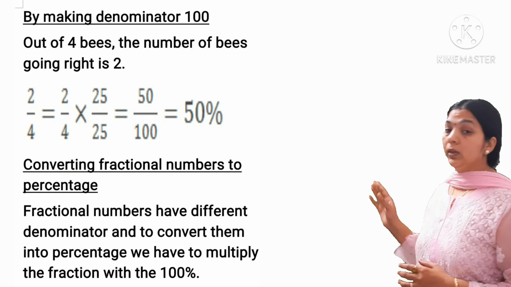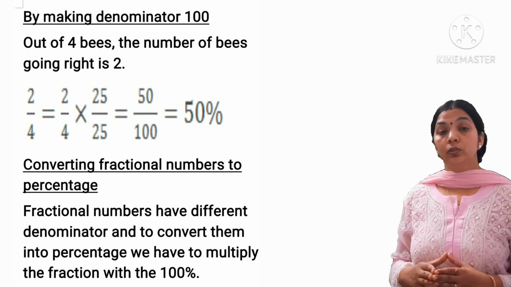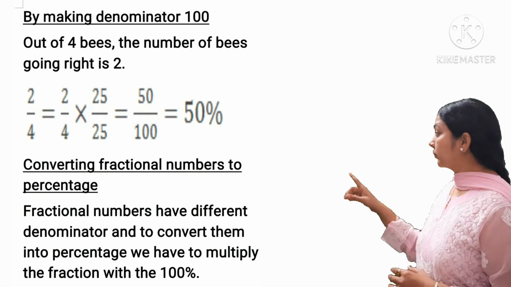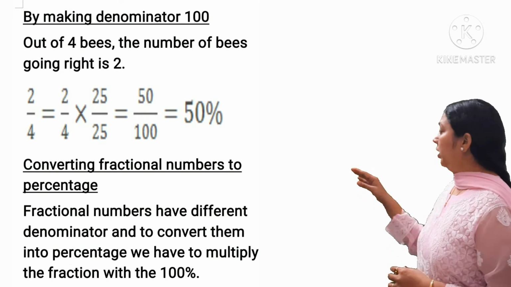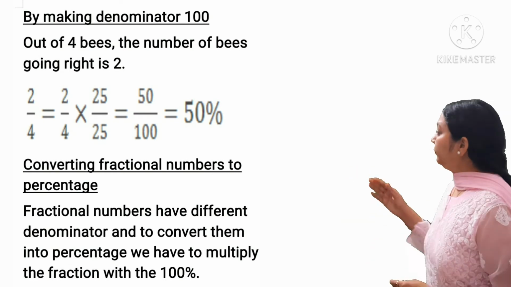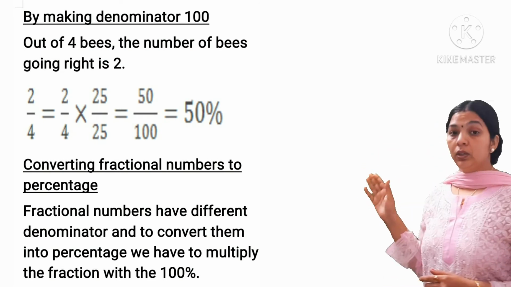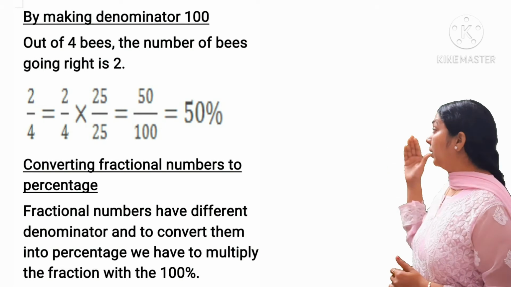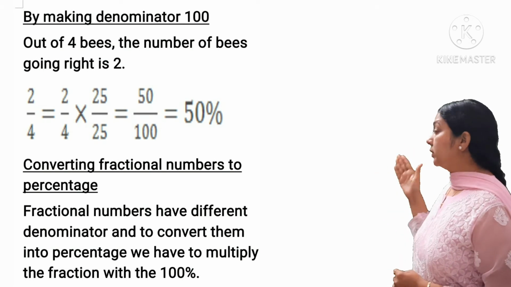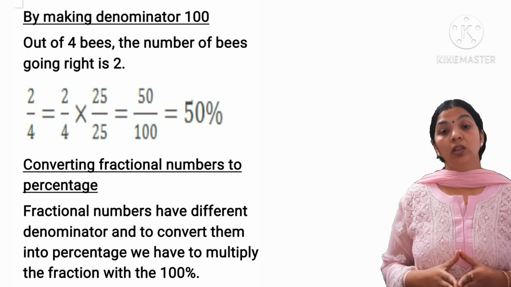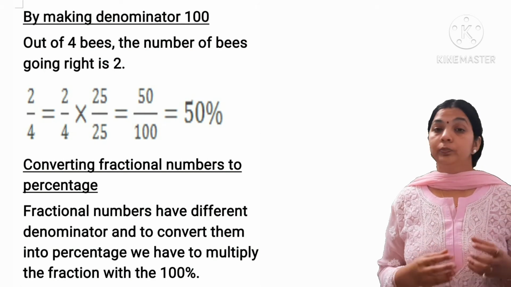Out of 4 bees, the number of bees going to the right is 2. Now to convert the denominator to 100, what do we have to do? We will multiply both numerator and denominator by 25. So it would result in 50 upon 100. So what will be the percentage? 50%.